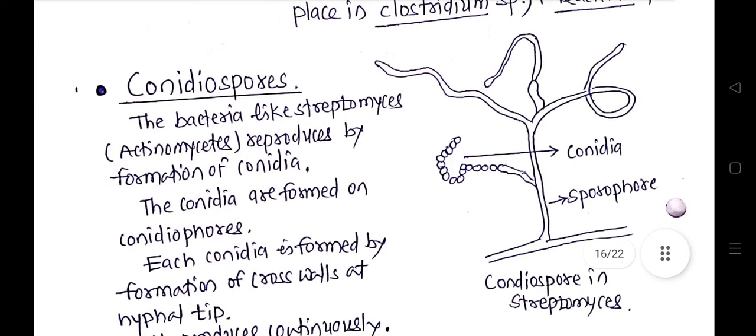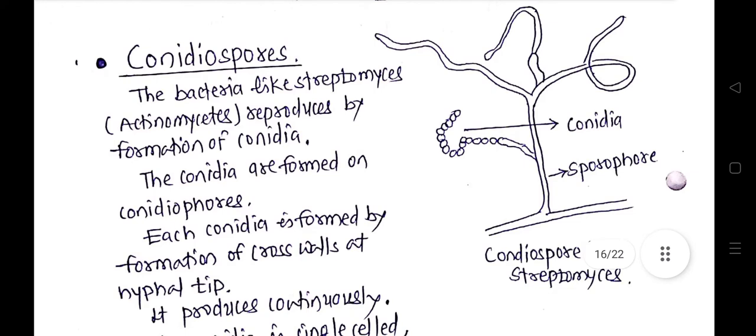While for conidiospores, bacteria like Streptomyces, which are actinomycetes looking like a fungus, reproduce by formation of conidia. Conidia are formed on the conidiophore, which is the reproductive structure.